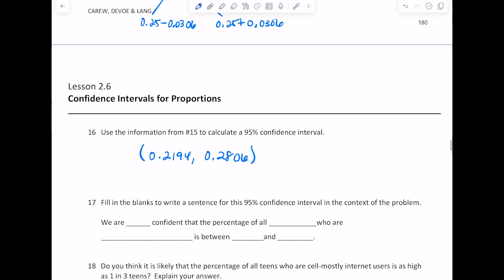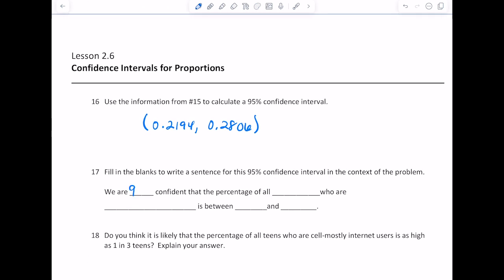So what that's telling me is that somewhere from 21.94% to 28.06% is the true proportion of teens who use mostly their cell phone. So in words, we would say we are 95% confident that the percentage of all teens who are cell mostly is between 22%, if I round up, and 28%.